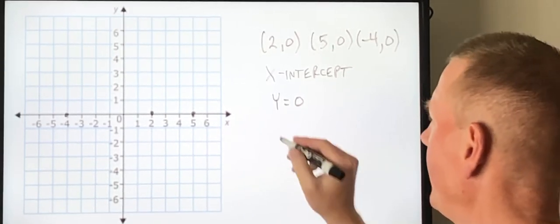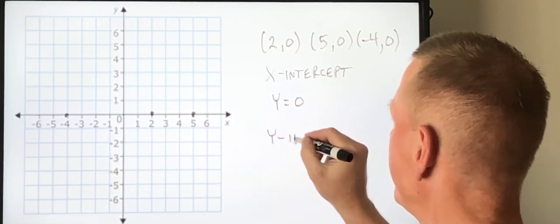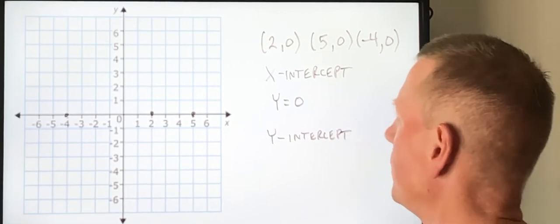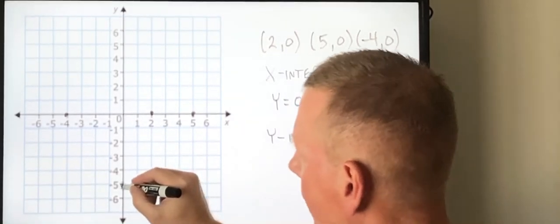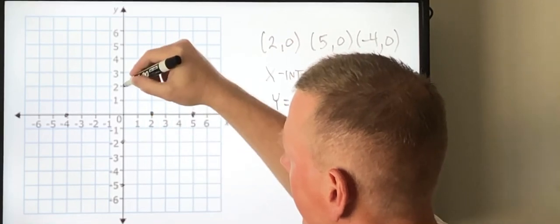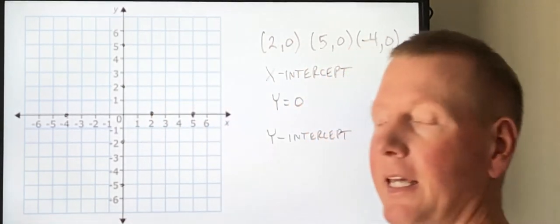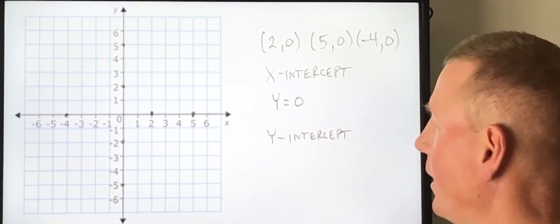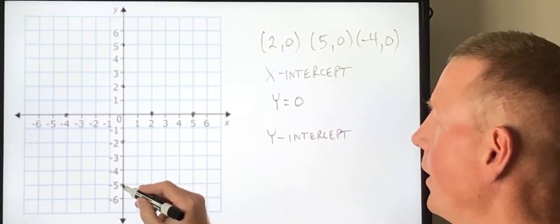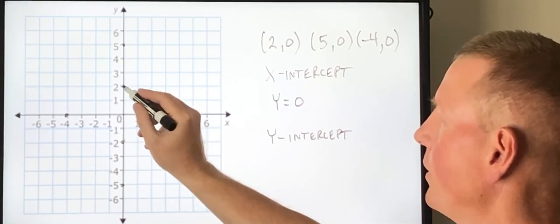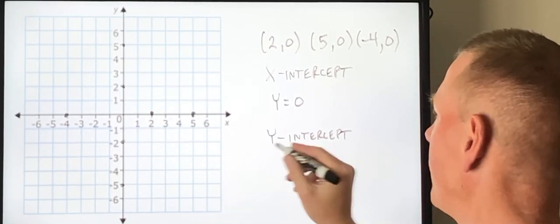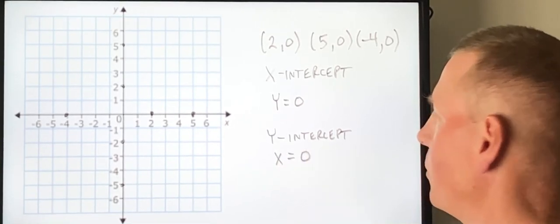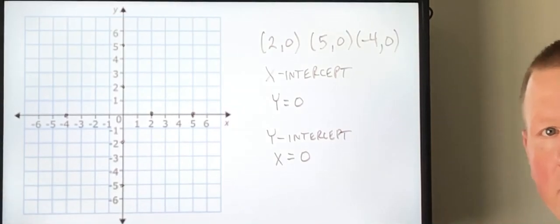If I want to find the y-intercept, notice any point that I pick on the y-axis, the x-coordinate is going to be 0. Again, I could list these points: (0, -5), (0, -2), (0, 2), (0, 5). So if I want to find the y-intercept, I'm going to let x equal 0 in my equation.